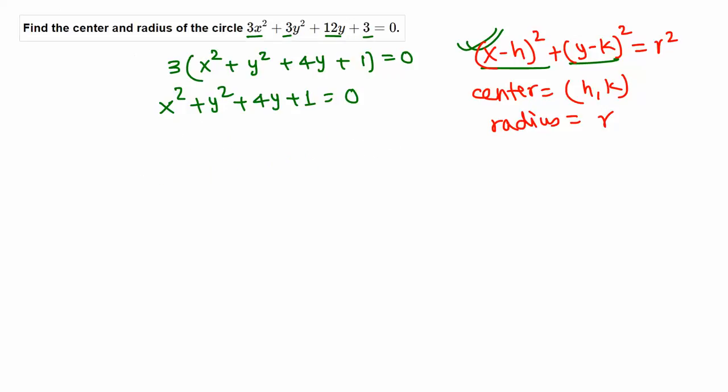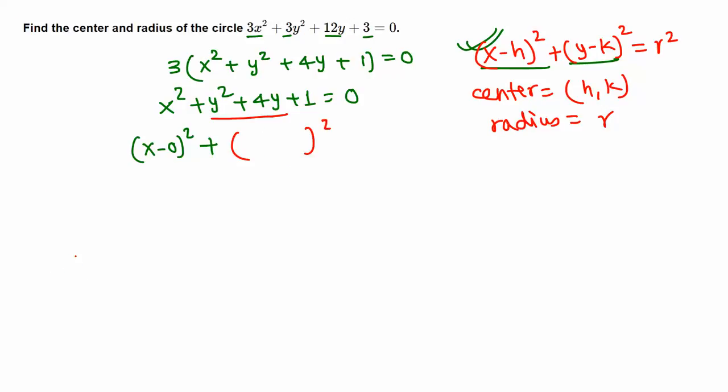So this part is done, kind of easy for x. So x squared we can write as x minus 0 squared, or you can just put x squared, plus now y squared plus 4y. So y is in 2 different places, so we need to combine and write some quantity squared. So how do we do that?